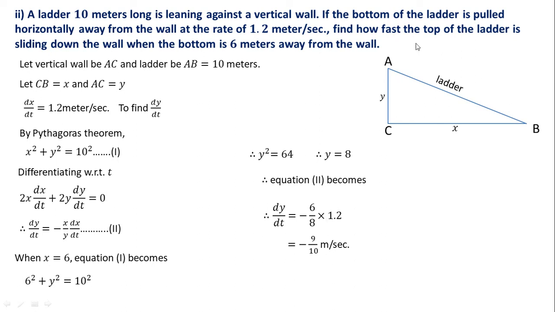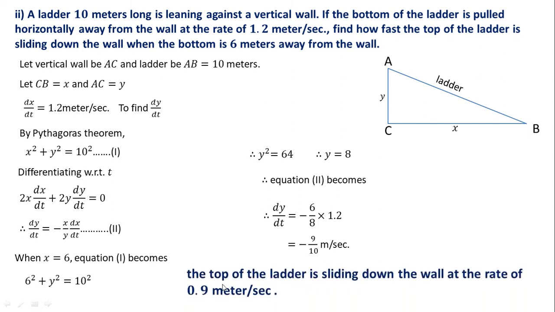Okay. Now the ladder is leaning down the wall. So that's why here the minus sign is there. But we will write the top of the ladder is sliding down the wall at the rate of 0.9 meter per second. 9 by 10 means 0.9. Here it is not necessary to write the minus sign.